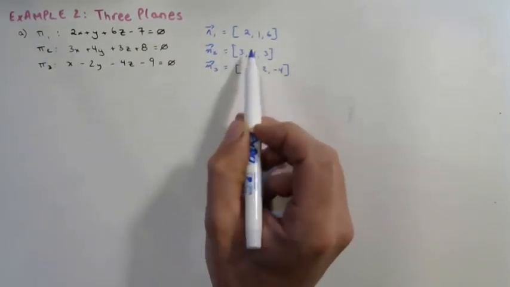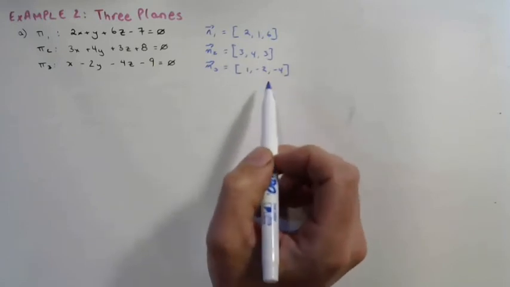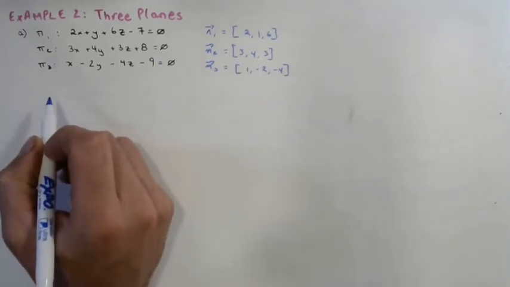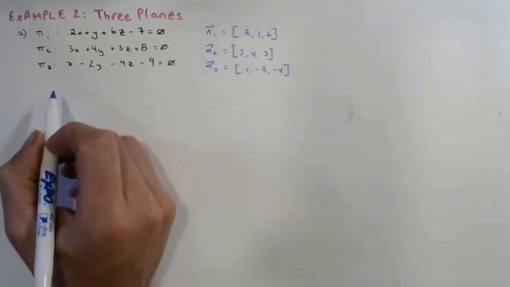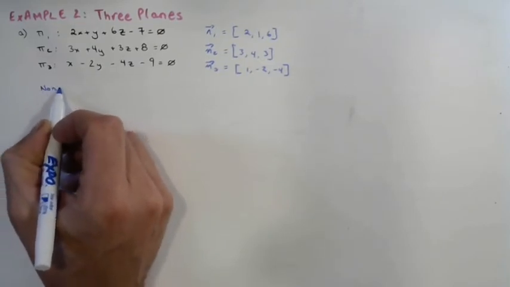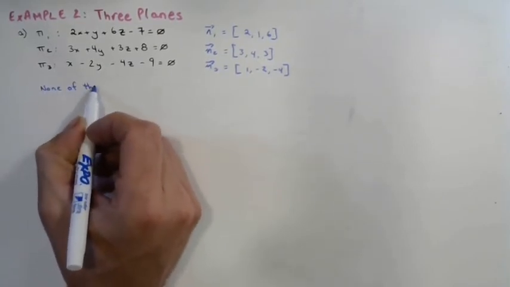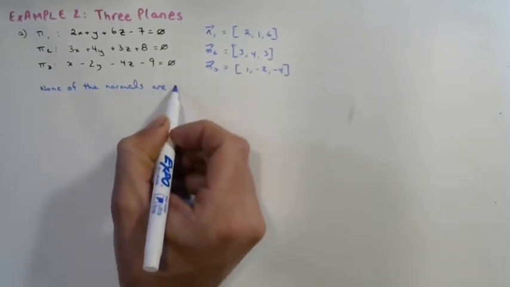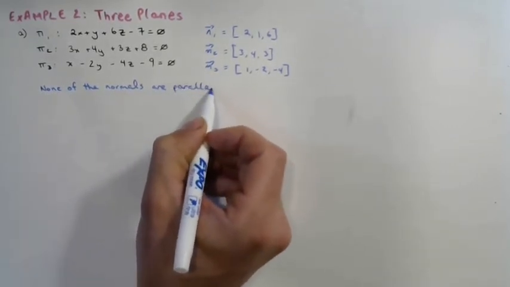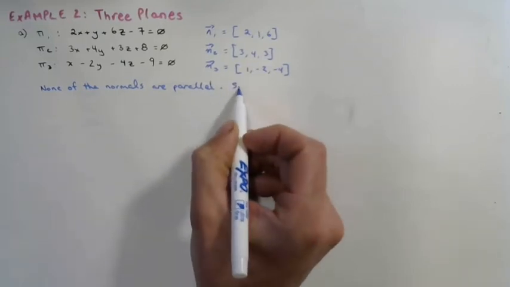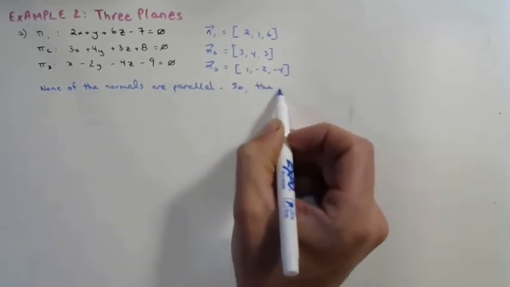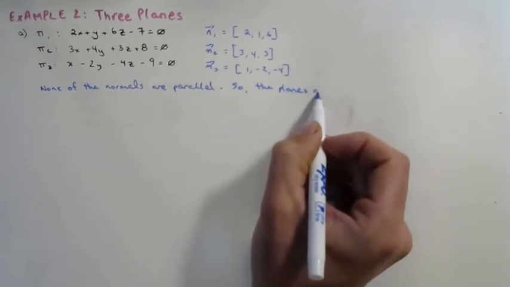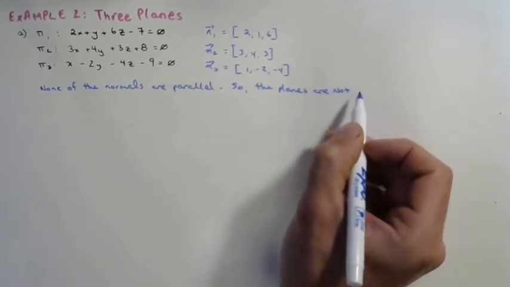None of them is a scalar multiple of any of the others. So the normals are not parallel. None of the normals are parallel. So the planes are not parallel.